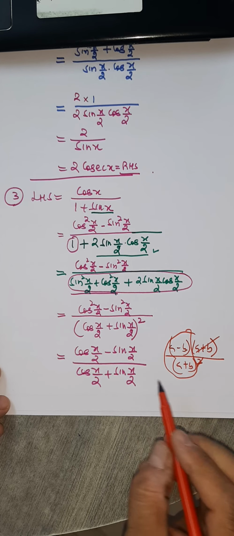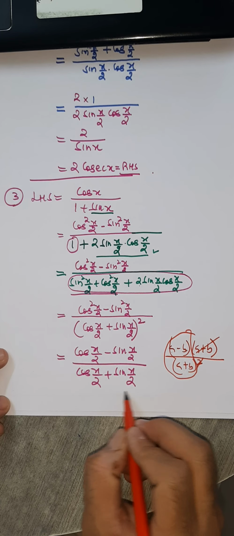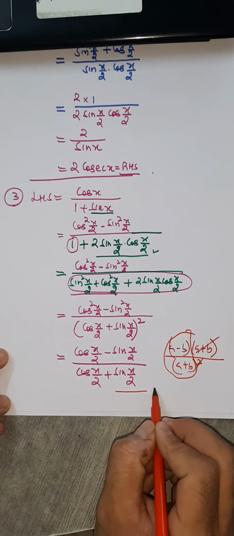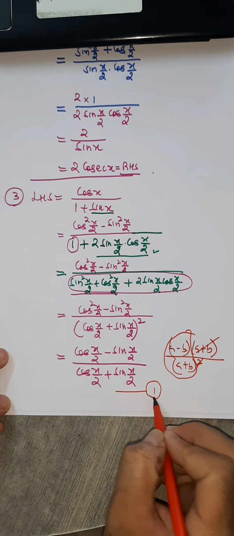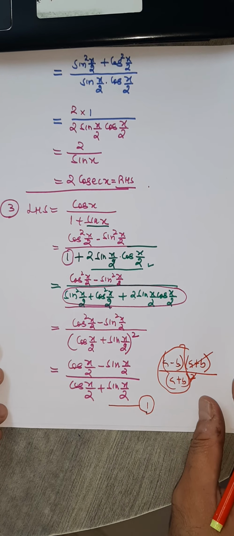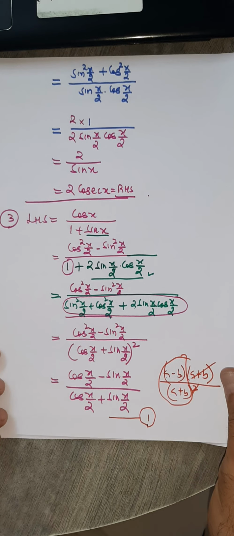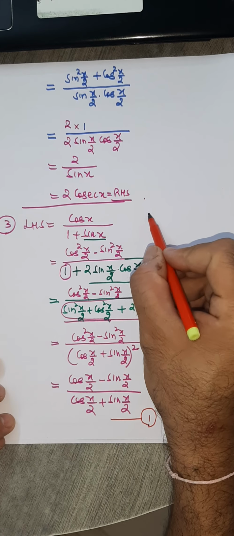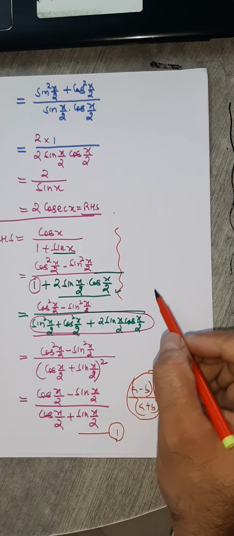Now, one way is you can just leave this as it is, call this equation 1. Go to the RHS. I'm doing the right hand side now. So what is the RHS? That is tan of pi by 4 minus x by 2.